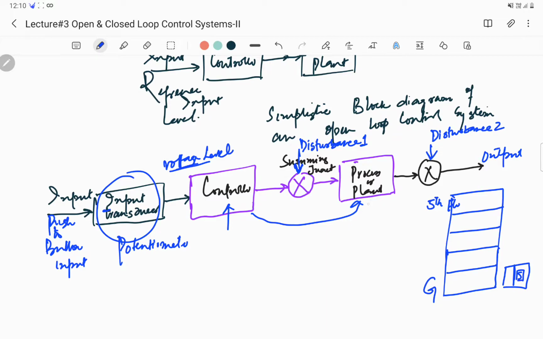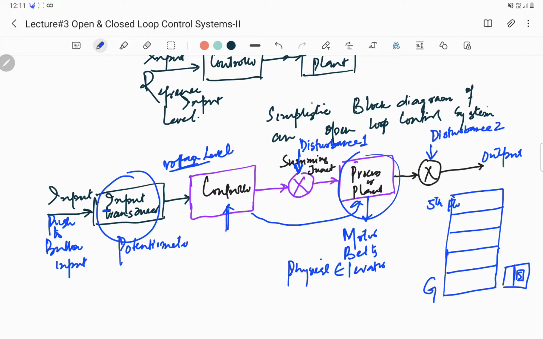The process or plant in this case can be, for example, a motor, the belts that are used for moving the elevator up, and it can even include the physical structure of the elevator. So your process or plant consists of a motor, belt, physical system of the elevator, plus the electrical network or the electrical equipment used in its construction.